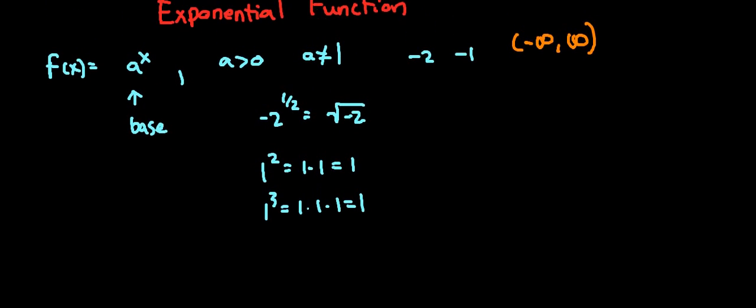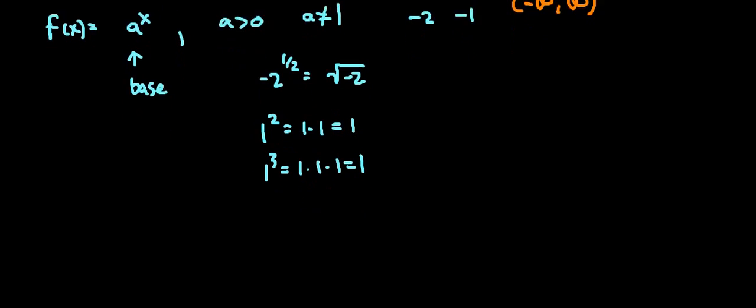So I think the best way to explain what exponential functions are is to compare it to a power function, which is something that we are used to seeing and dealing with. So I'm going to compare an exponential function to the power function x squared.